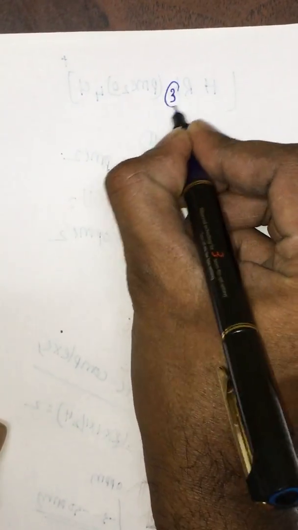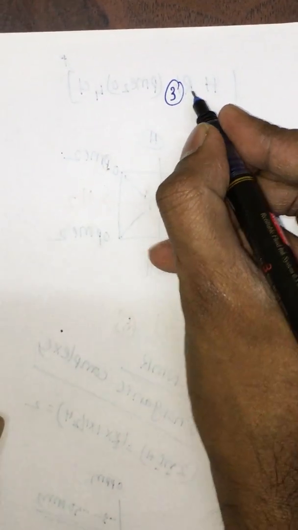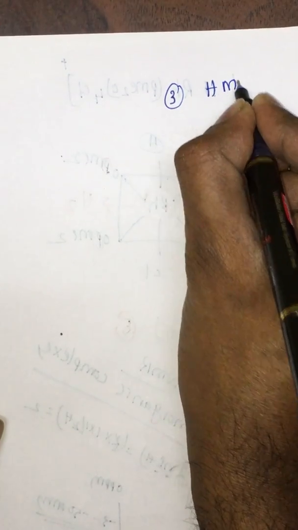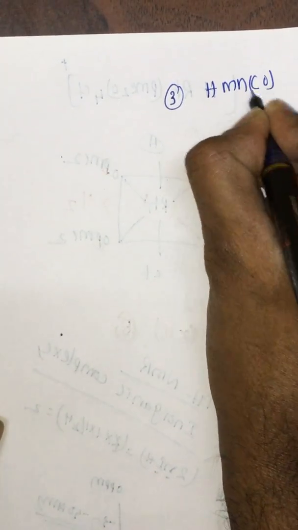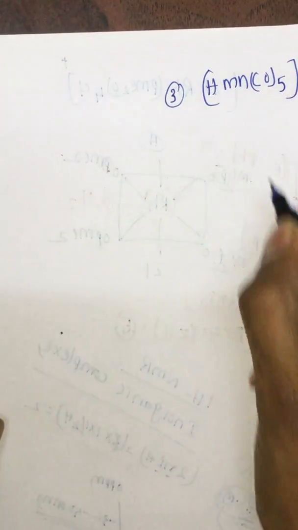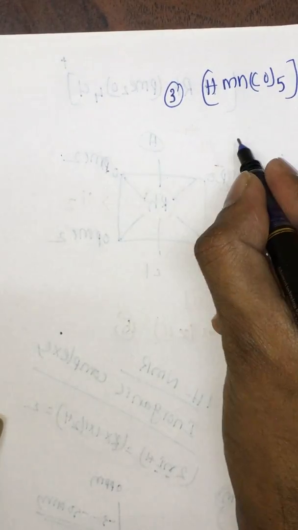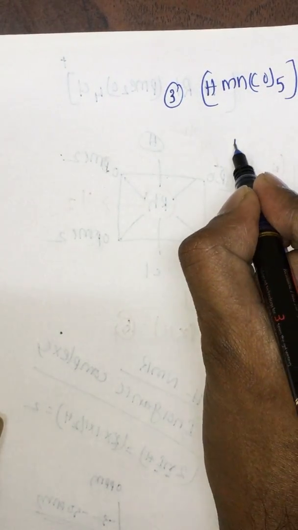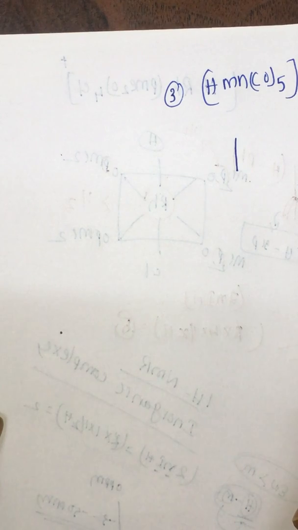Next complex we have here, the third one, HMnCO5. Here only one hydrogen is there, so for that we will get a singlet, one single peak.